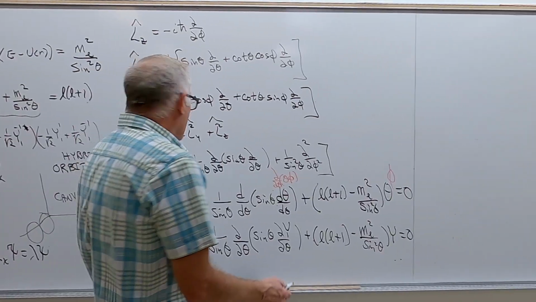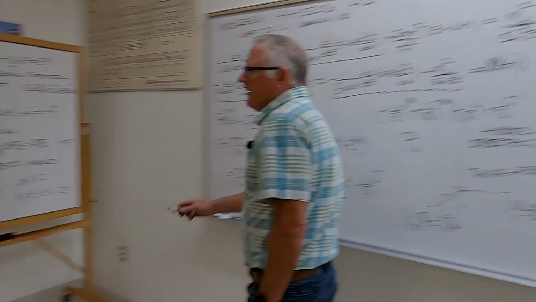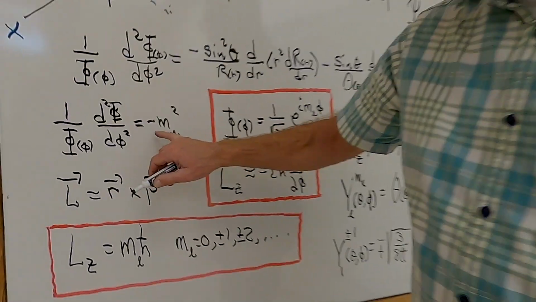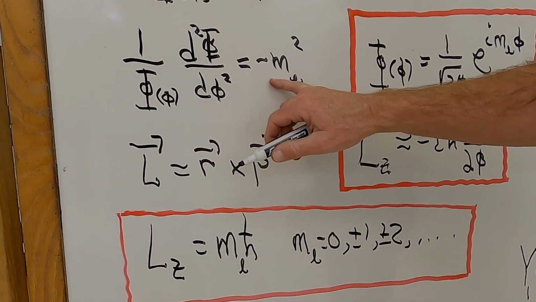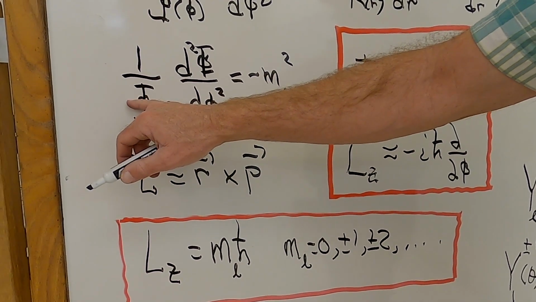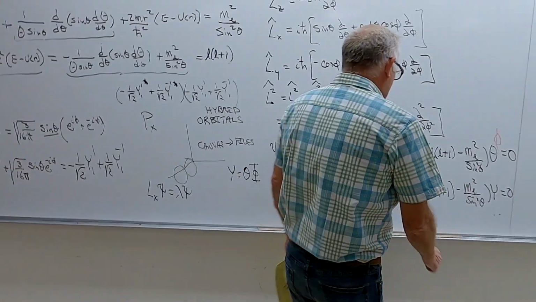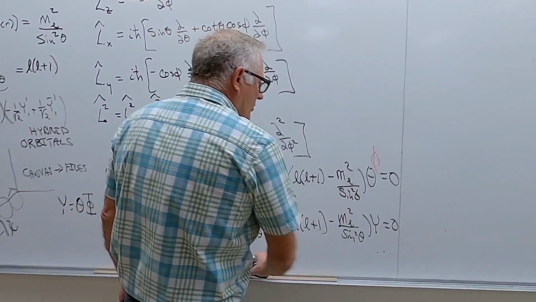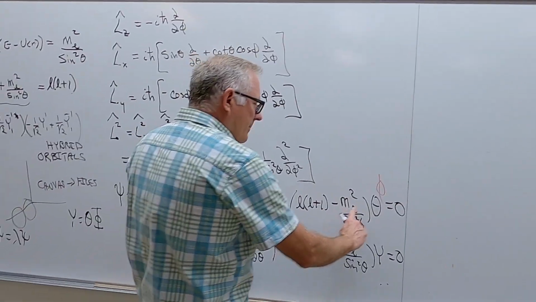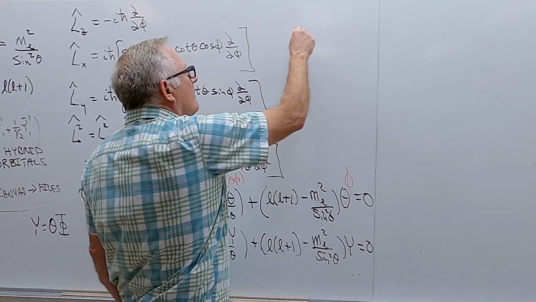Well, you see this, before we said m sub L squared is just minus this.